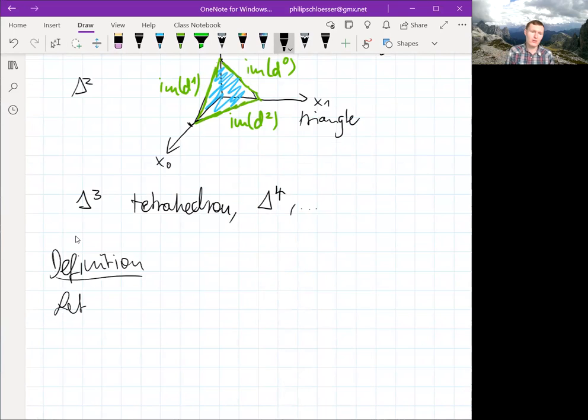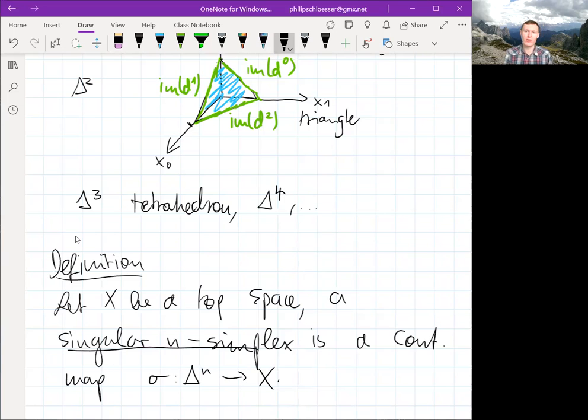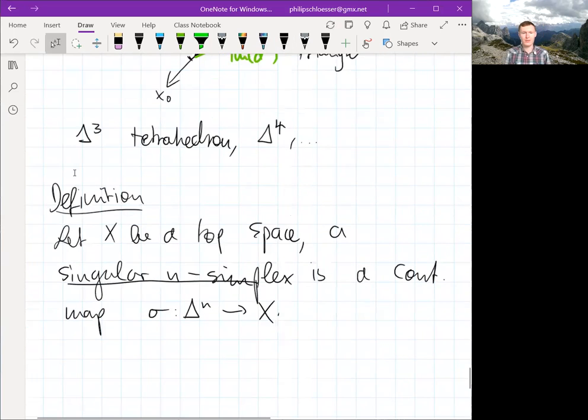So let X be another topological space. A singular n simplex is a continuous map from the n simplex to our topological space.